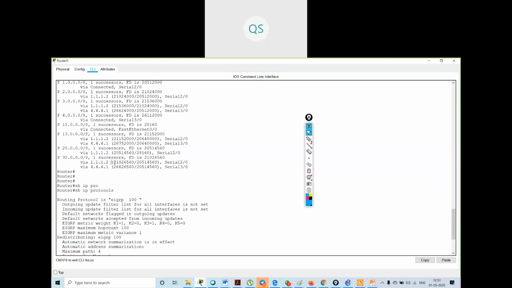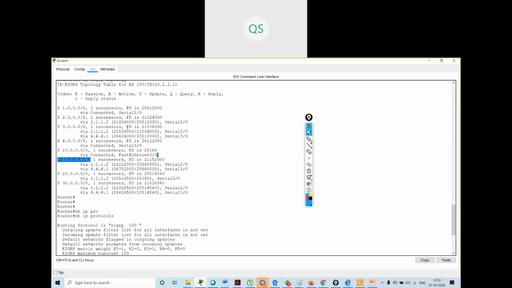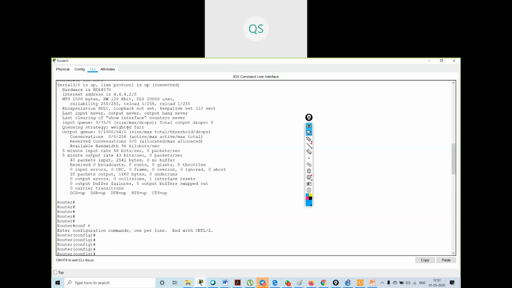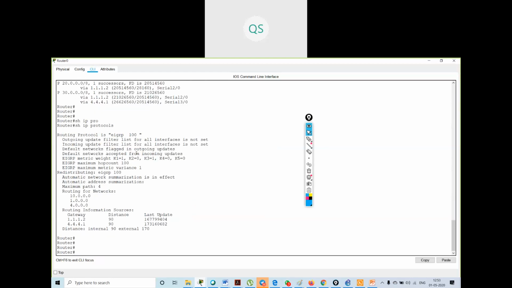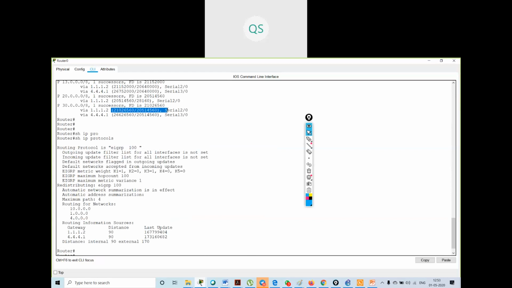I am not having any other successor for the 13.0.0.0 network either. Previously we were having two successors, now only one because I have changed the bandwidth value. So it is using the 1.0.0.0 network to send the traffic.